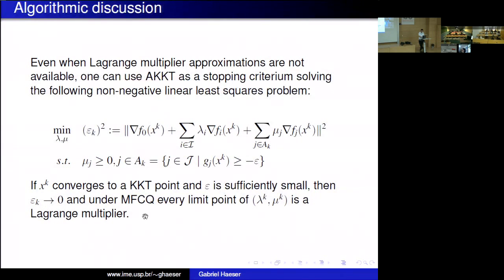And under this constraint qualification, we can prove that limit points of a sequence of multipliers are in fact Lagrange multipliers. So when we first saw this, there were some people using our conditions in this framework, but they didn't have any theorem that proved it was reasonable.